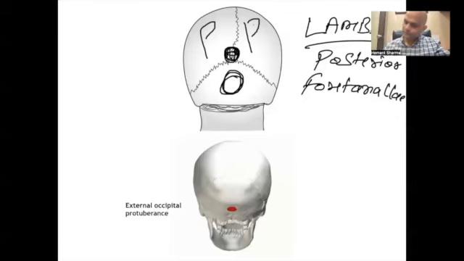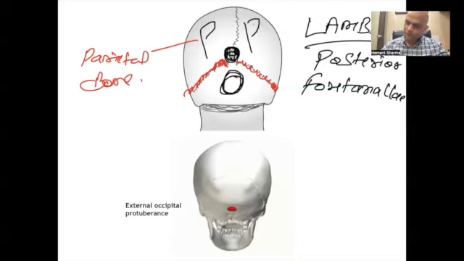And from here, we can see the suture. The suture is separating parietal bone from occipital bone. So the name of the suture is lambdoid suture.